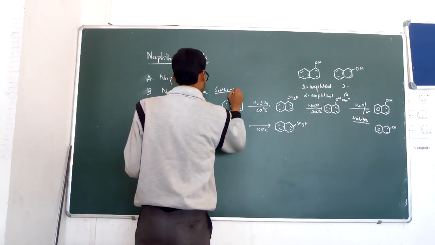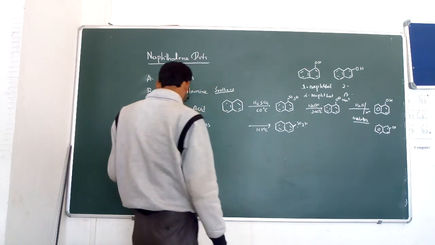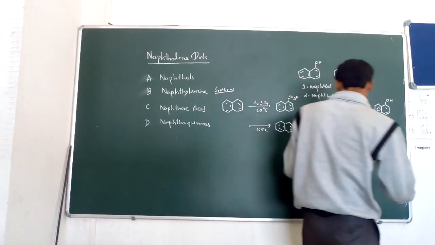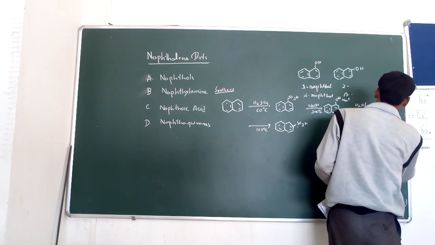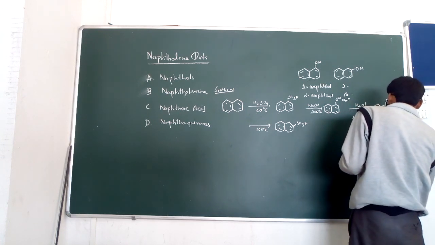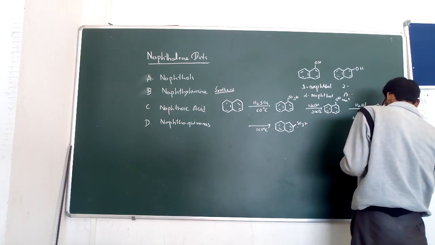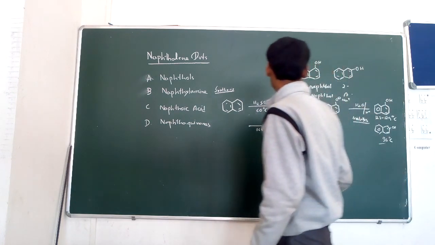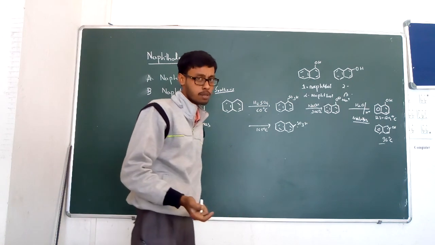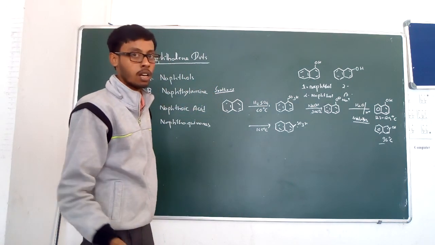Now going to the properties. They are colorless solids, and alpha naphthol has a melting point of 123 to 124 degrees Celsius, whereas beta naphthol has a melting point of 96 degrees Celsius. The structure shows that naphthalene reacts chemically like benzene.